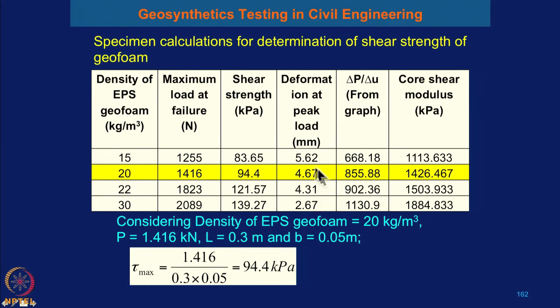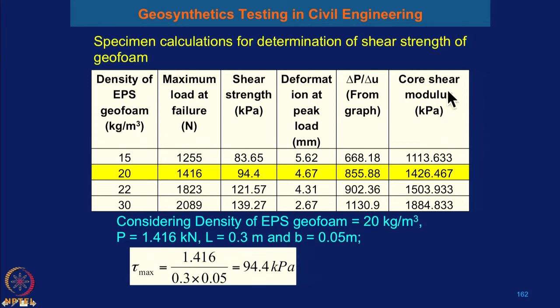From this you can calculate delta P by delta U from the graph. For 15 density, delta P by delta U is 668.18, for 20 density it is 855.88, for 22 density it is 902.36, and for 30 density it is 11309.